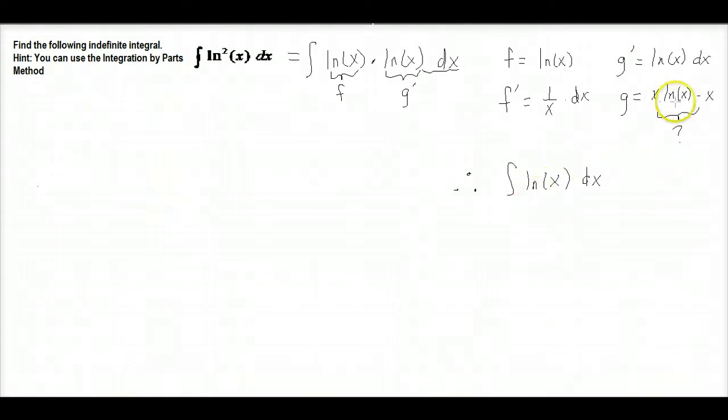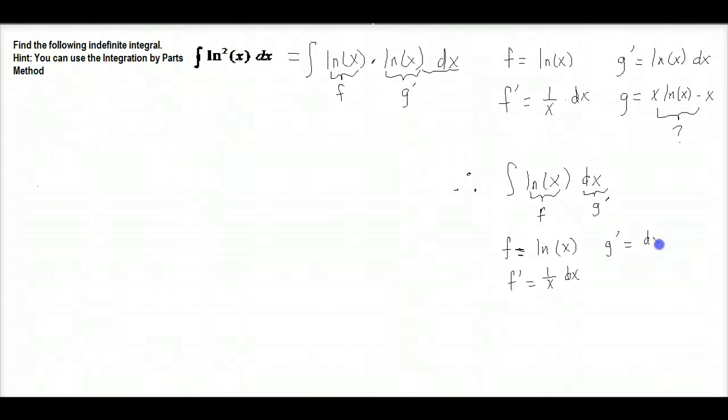So essentially, I knew this because I knew I needed to do integration by parts within integration by parts. Okay? And so in doing this here, we're going to select this to be our g prime and select natural log of x to be our f. The derivative of natural log of x is 1 over x dx.